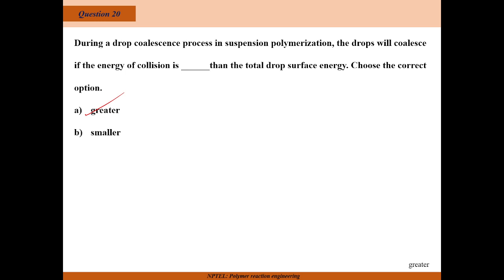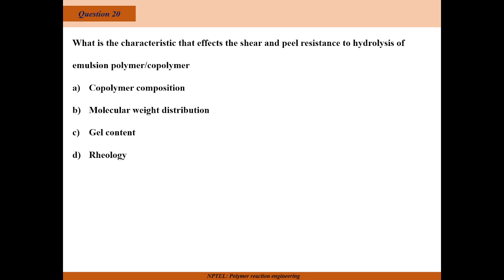Okay, no issue. So, what is the characteristic that affects the shear and peel resistance to hydrolysis of emulsion polymer copolymer? Options: copolymer composition, molecular weight distribution, gel content, rheology. Definitely, rheology is one which plays an important factor.